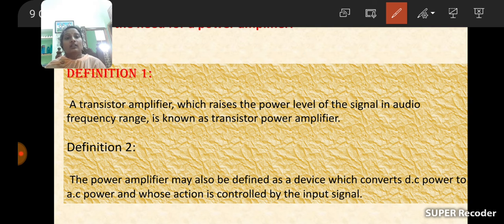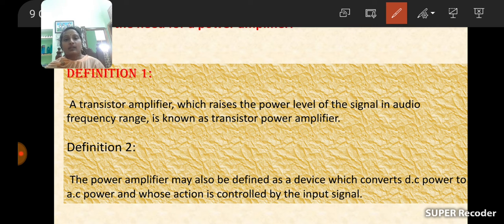A power amplifier may also be defined as a device which converts DC power to AC power, whose action is controlled by the input signal. So these are the two different definitions. In two ways we can define the power amplifier.